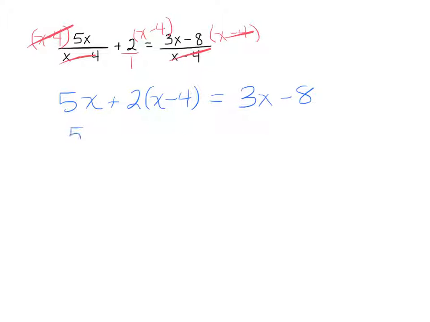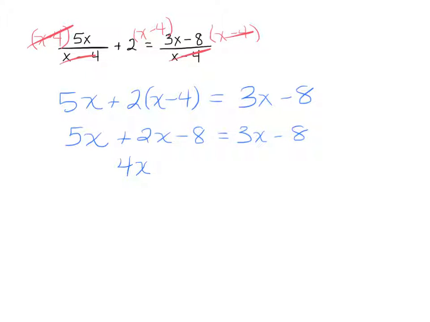So this becomes 5x plus 2x minus 8 equals 3x minus 8. So if we move all of the x's together, there's 7x, and then subtract 3x to move this one over here. So 7x minus 3x is 4x.